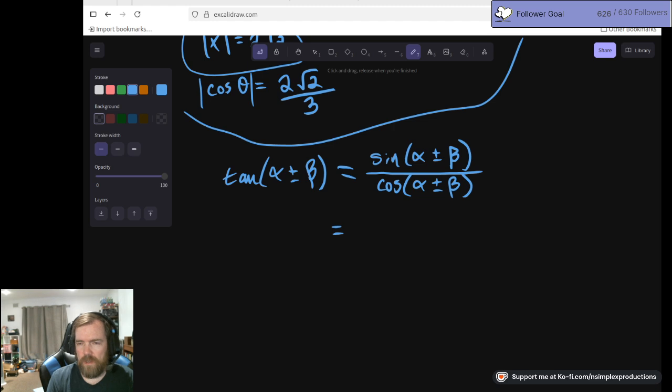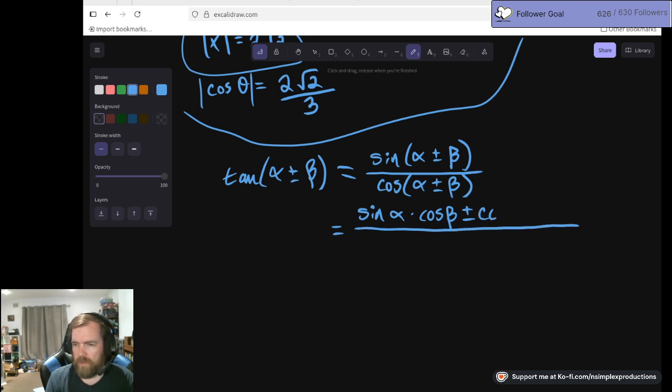The sine of alpha plus or minus beta is the sine of alpha times the cosine of beta, plus or minus, same sign, different functions. And here we have the cosine of alpha times the sine of beta.